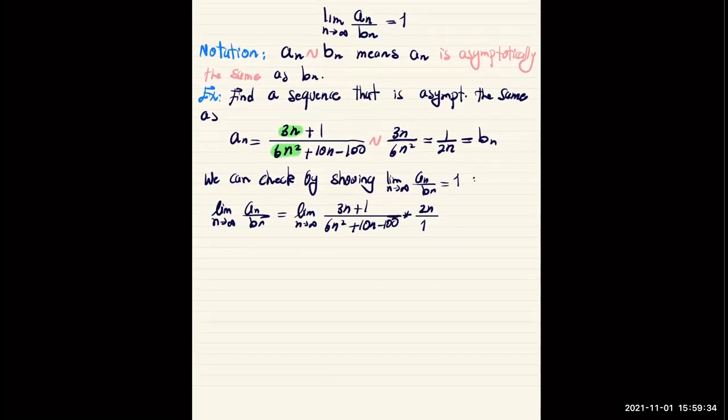Going back to kindergarten, division by a fraction is the same as multiplication by its reciprocal. Okay, so when you multiply 2n by 3n plus 1, you get 6n squared plus 2n, and in the bottom, we have 6n squared plus 10n minus 100.